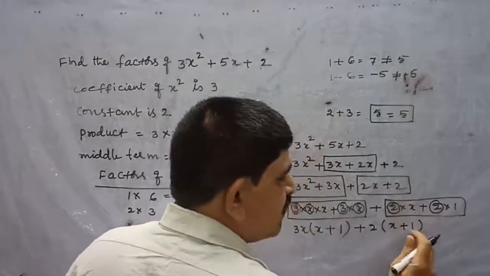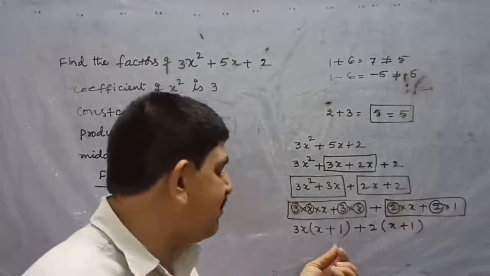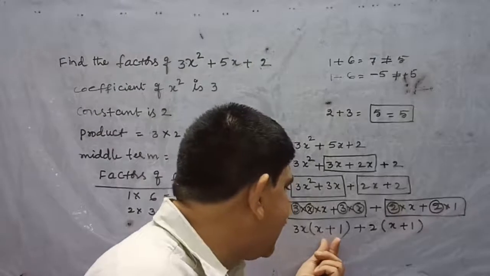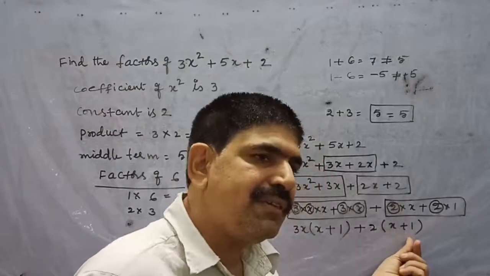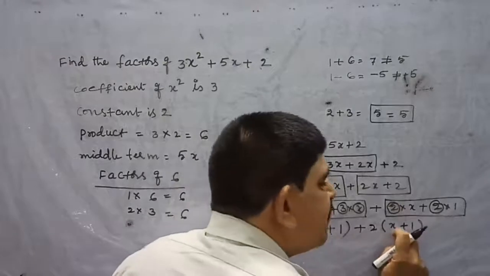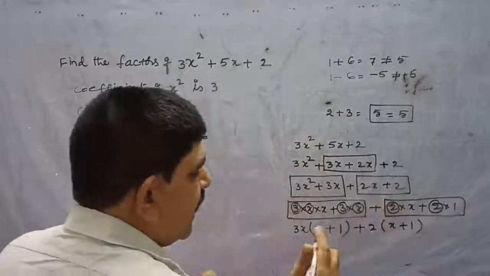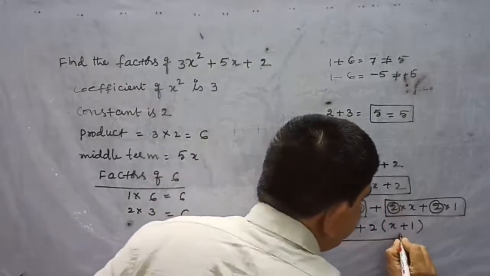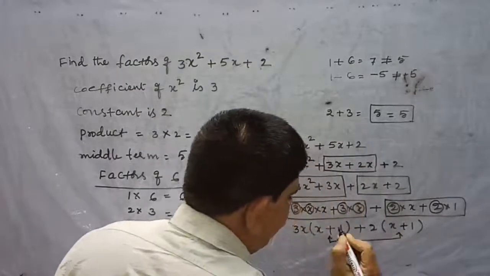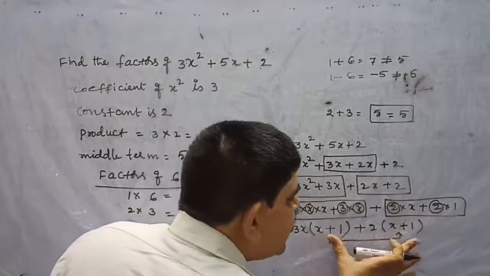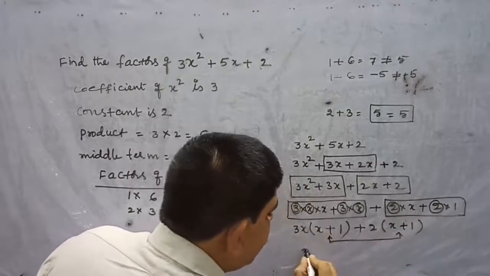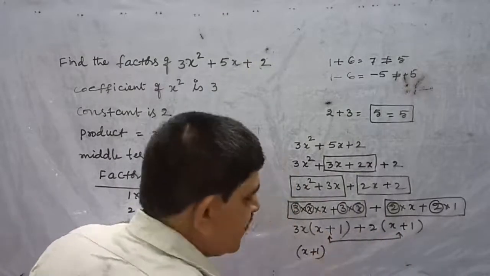Whatever factor we get in the first part, the same factor we should get here also. That means these two must be equal, then only we did it right. So x plus 1 and x plus 1, from these two we take out x plus 1 as the common factor.